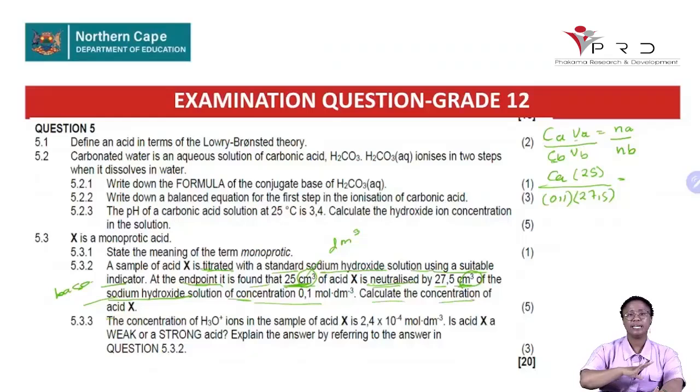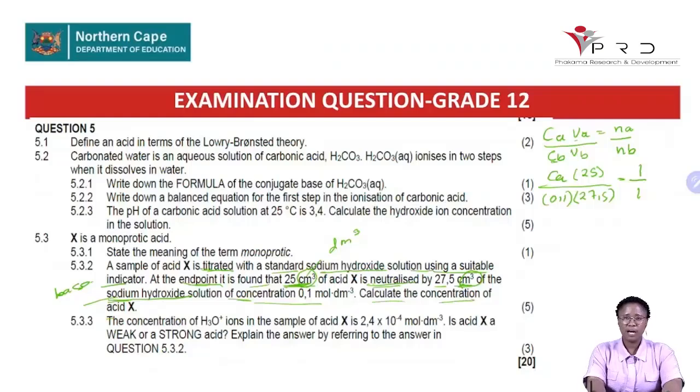When it reacts with sodium hydroxide, the ratio between the monoprotic acid and sodium hydroxide will be 1:1. It doesn't donate twice. If it was donating twice, then the ratio would be 2 for the acid. I hope we are still together.